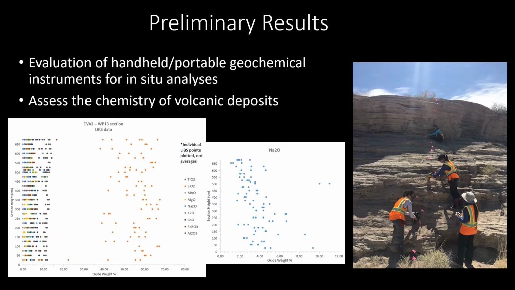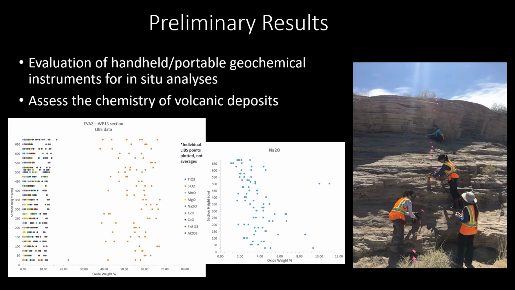The image here shows several of us in the field using various handheld instruments to assess specific spots throughout a section in these deposits. The LIBS is one of these, being used by the lowest person in the image.